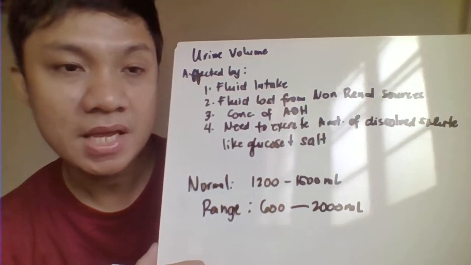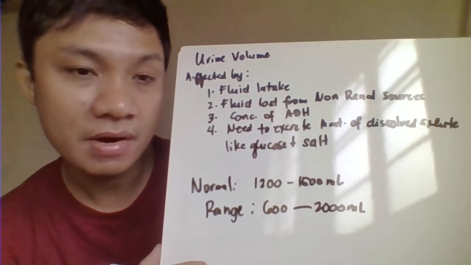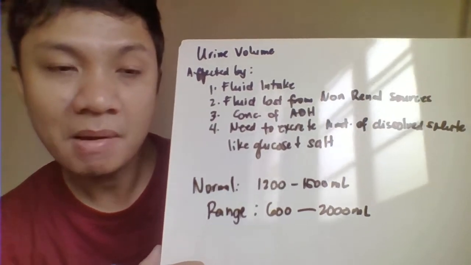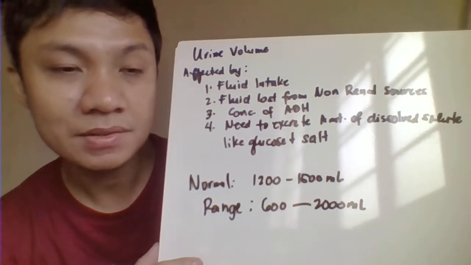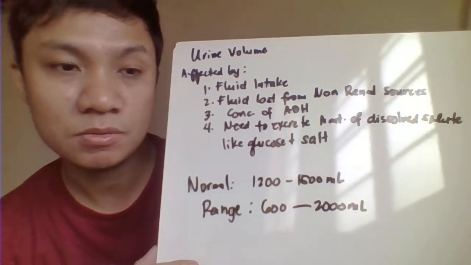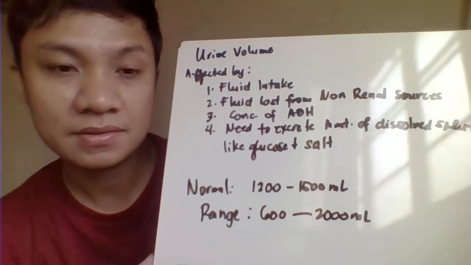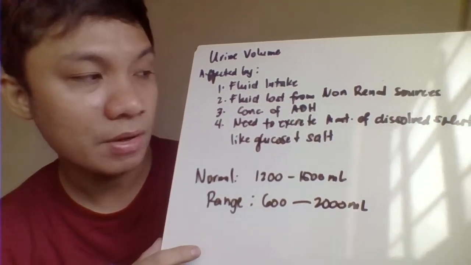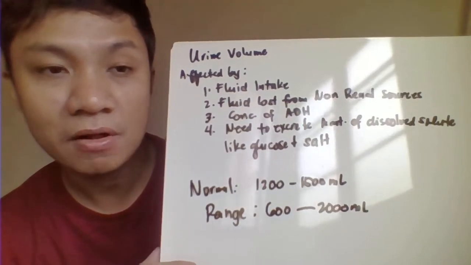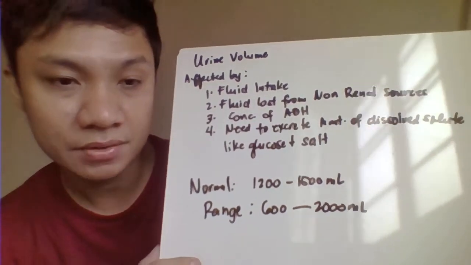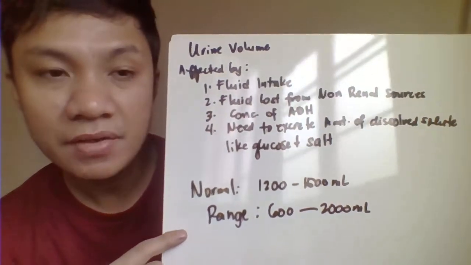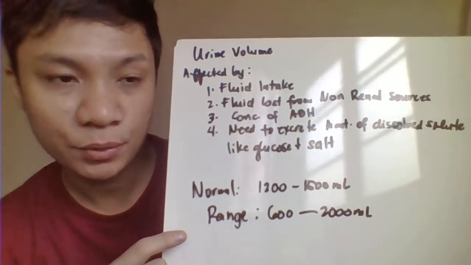Another factor is the concentration of your antidiuretic hormone. Remember that antidiuretic hormone is responsible for water reabsorption in your collecting ducts. Then we also have the need to excrete a large amount of dissolved solutes, which includes glucose and salts. Okay, we have here the normal urine output.